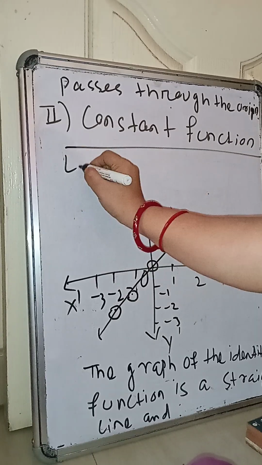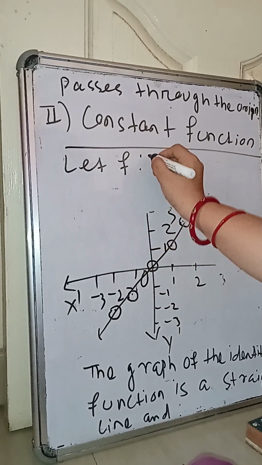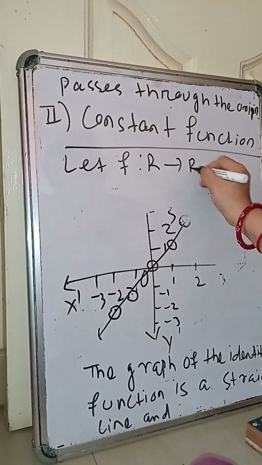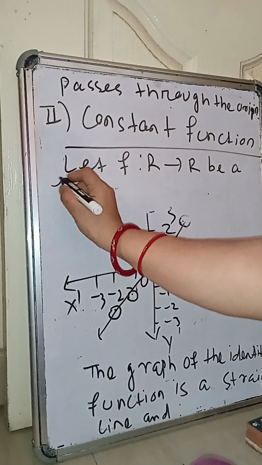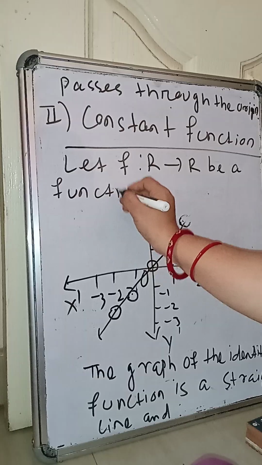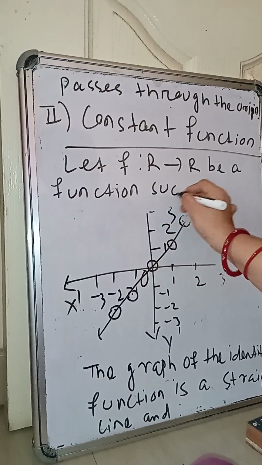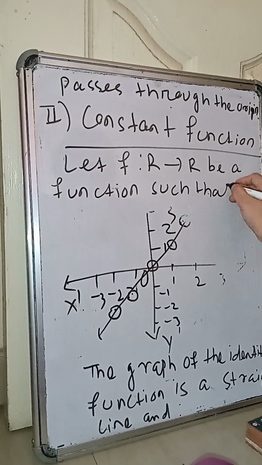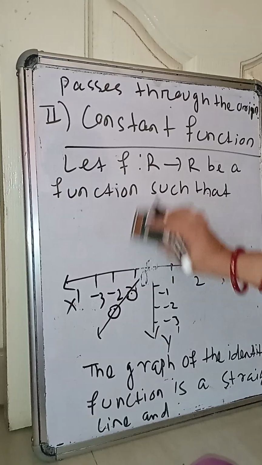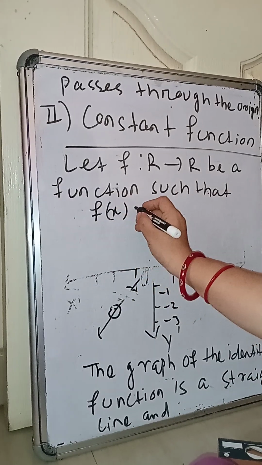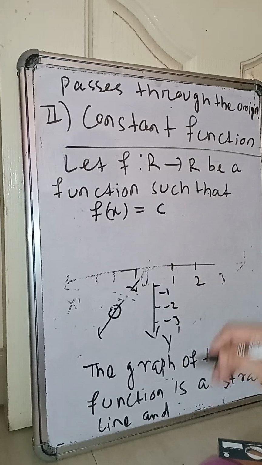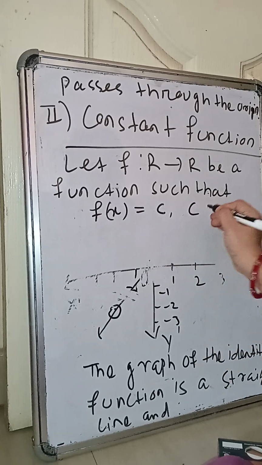So let f from the set of real numbers to the set of real numbers be a function such that f of x equals c, where c is a constant.